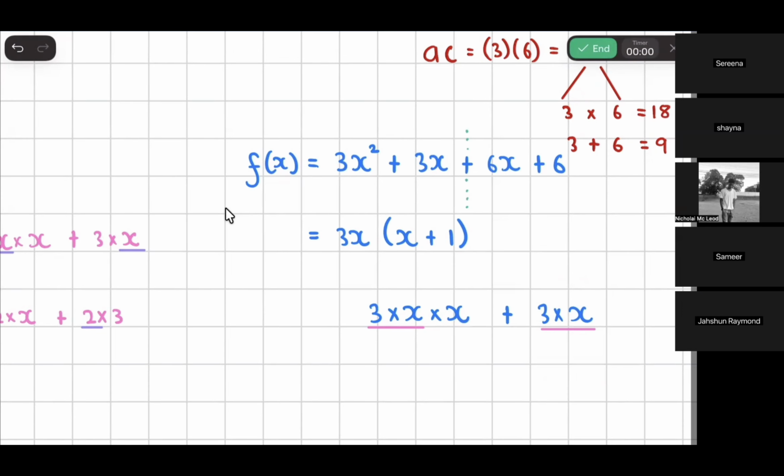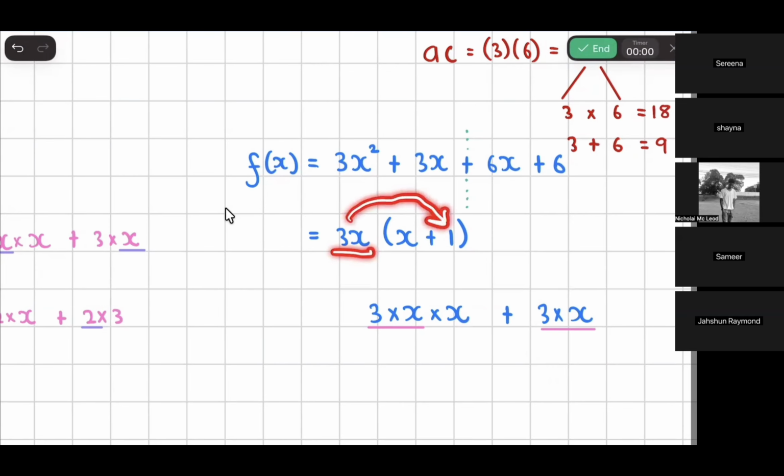If I divide 3x squared by 3x, what's going to cancel off? The 3x, and it leaves me with x. And if I divide the other term by 3x, it leaves me with 1.